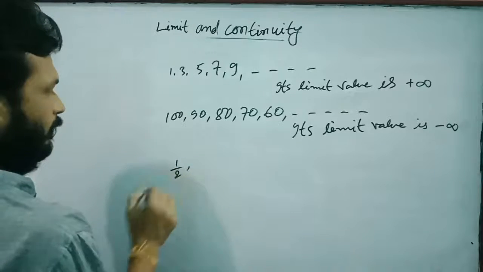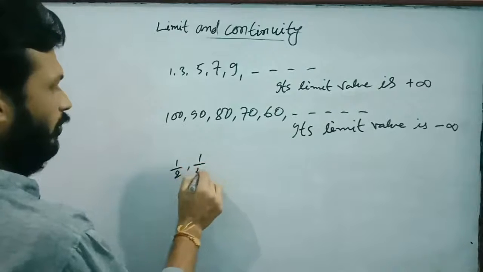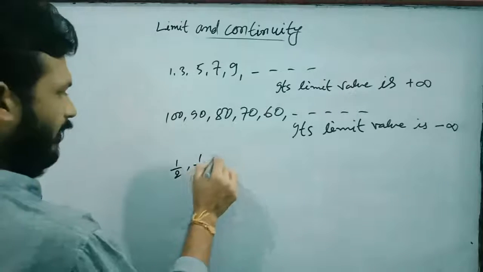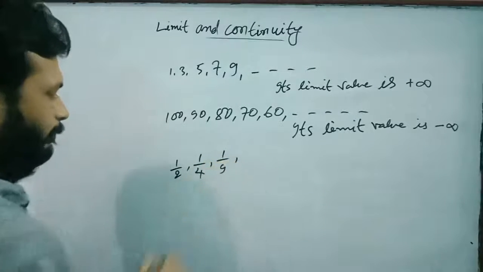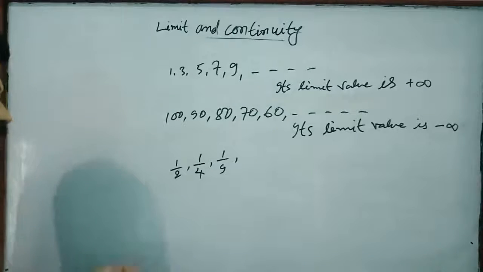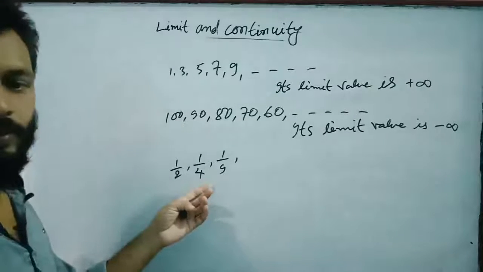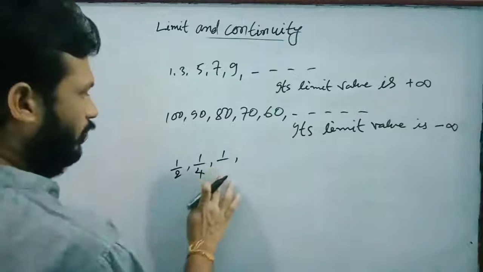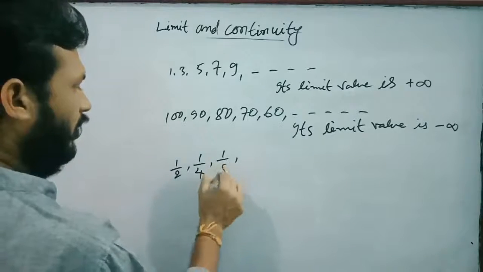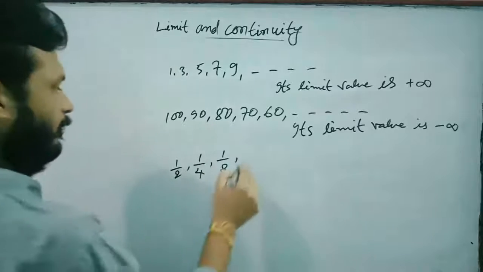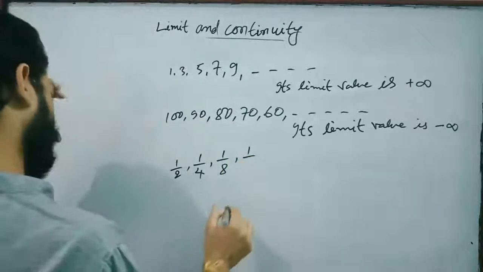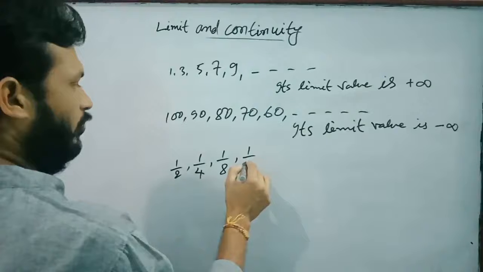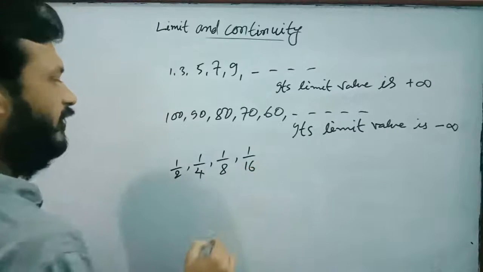Okay, then 1 upon 2, now 1 upon 4, then 1 upon 8. Understood? Oh sorry, here 1 upon 8. Okay, then 1 upon 2 to the power 4, 16.